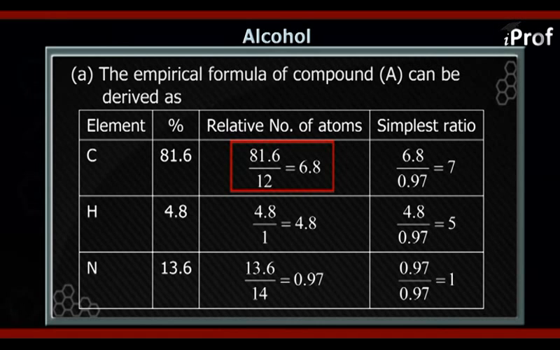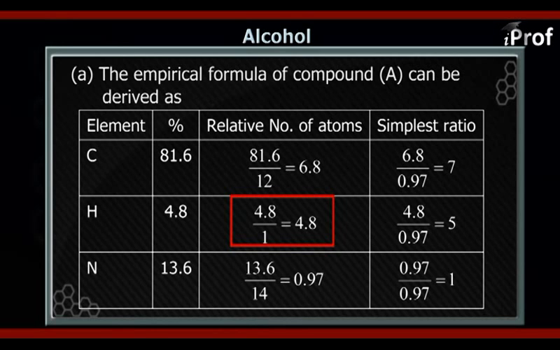Similarly, if you divide the percentage of hydrogen, that is 4.8, by its atomic weight, which is 1, what you will get is 4.8 as the relative number of atoms of hydrogen.